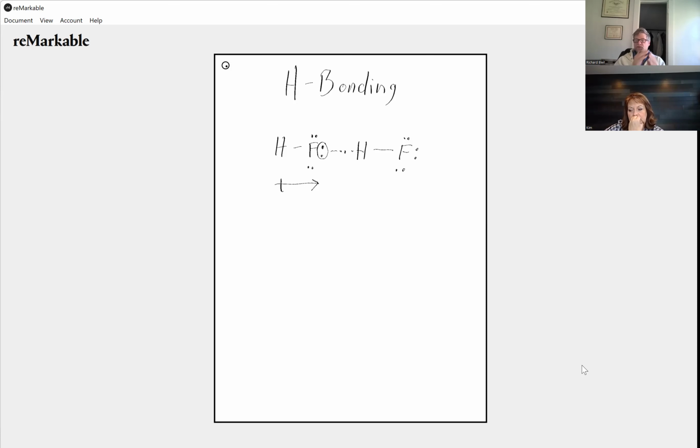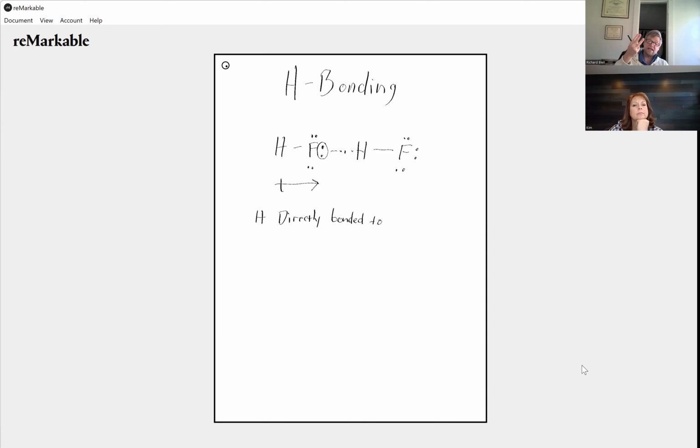So, to have a hydrogen bond, they're real easy to recognize. To have a hydrogen bond, you must have a hydrogen directly bonded to an element that is highly electronegative. On the periodic chart, if you look this up, you will find that there are 3 elements.